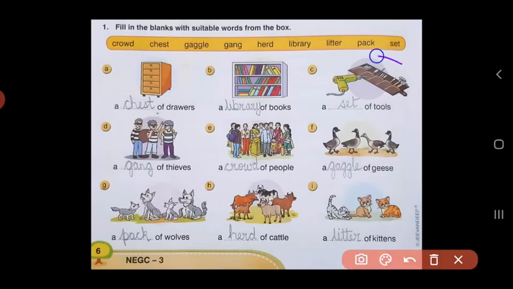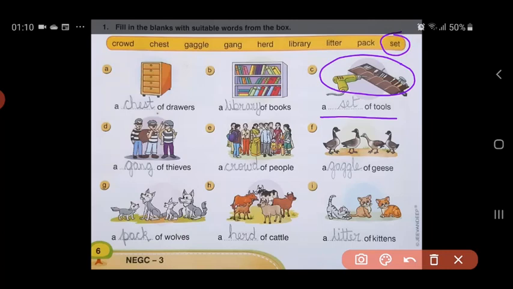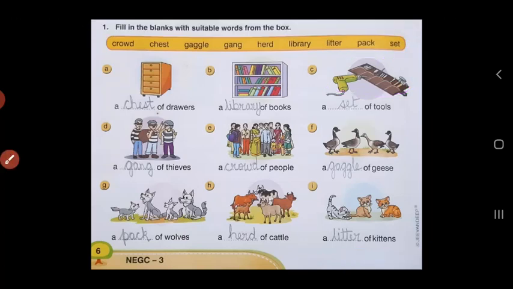See, these are tools, different types of tools that are used for repairing. When they are all packed together in a box or a bag, we call it a set of tools. D. These are thieves.